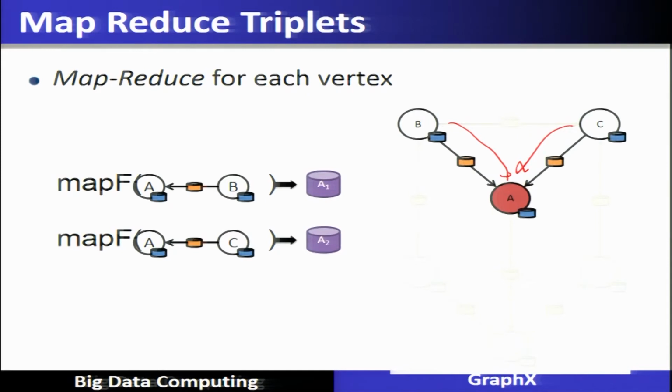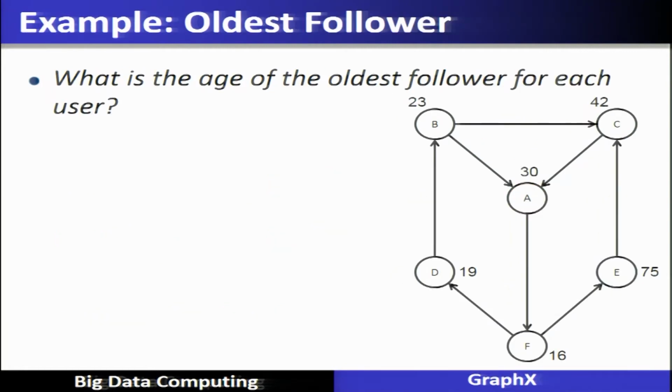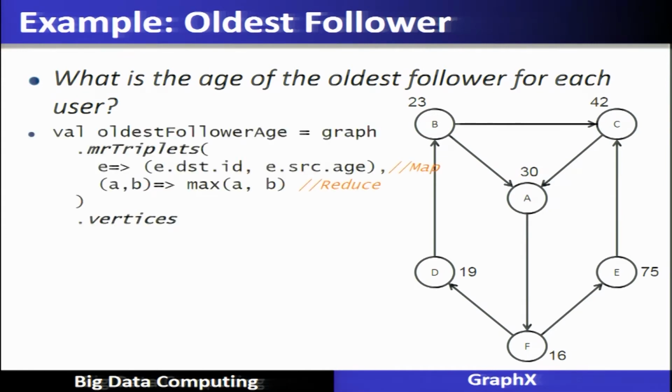Similarly, for the map function between A and C, it will output A, and then reduce will combine them together. So, once the triplet view is there, the map function and reduce function can become very efficiently programmable in building the algorithms.